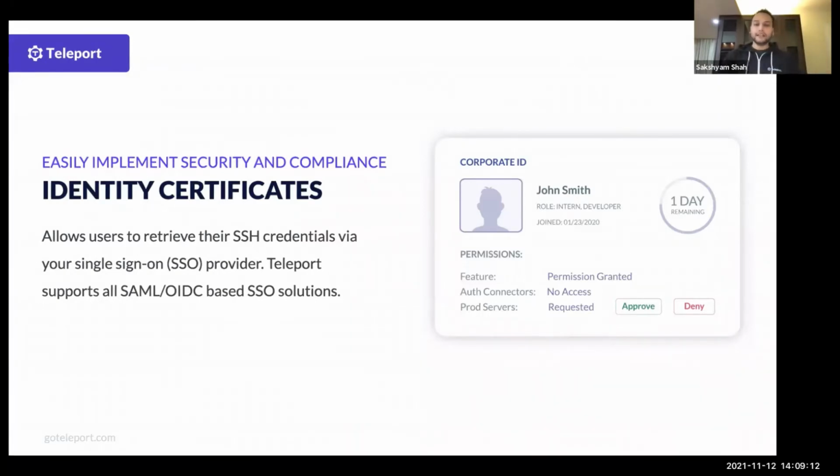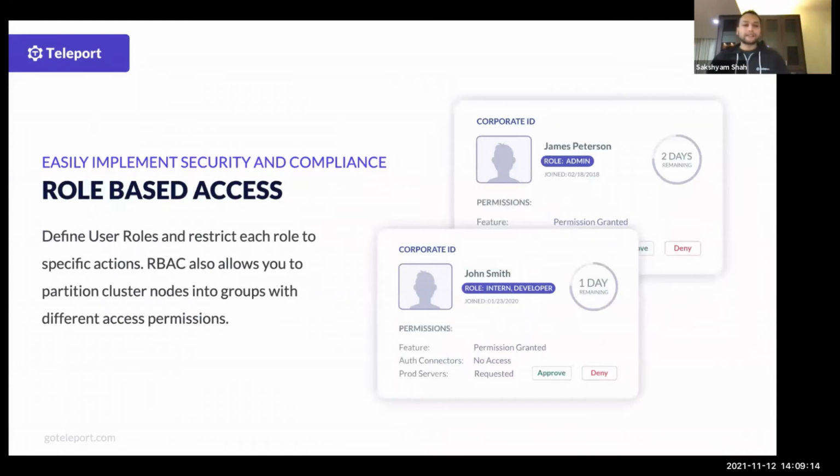Next, Teleport supports role-based access control. With this feature, Teleport allows you to manage access depending on what role the user possesses in your infrastructure and in your company. So for example, a developer only needs to access the resources that the developer's day-to-day role requires.